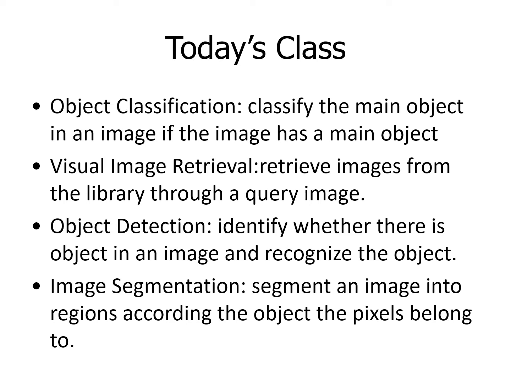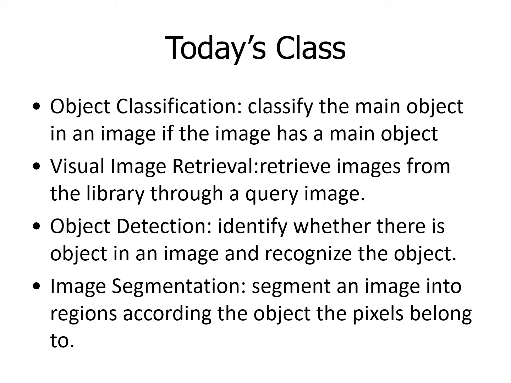Object detection is about finding whether there is any object in an image. For example, pedestrian detection is quite important in autonomous driving, as is vehicle detection. First things first, once you get the image from your camera, you definitely want to know whether there are cars or pedestrians in the image and where they are.